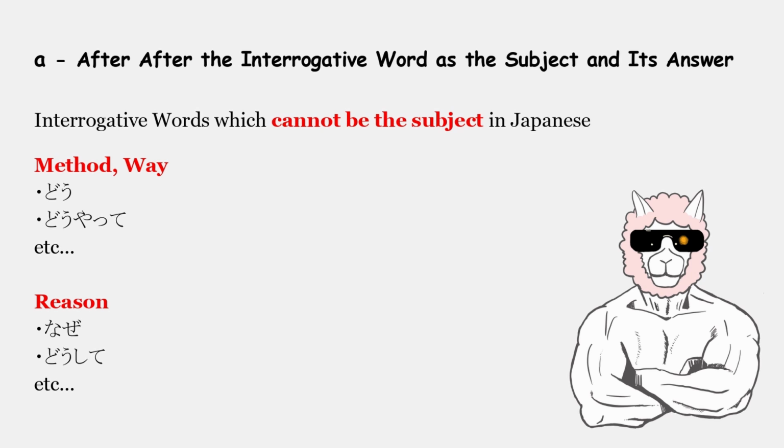So here is a list of the interrogative words which cannot be the subject like どうやって、なぜ、どうして。So, globally speaking, the interrogative words of the method or the way, and that of the reason cannot be the subject in Japanese.